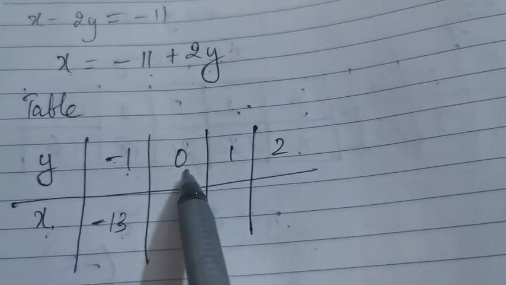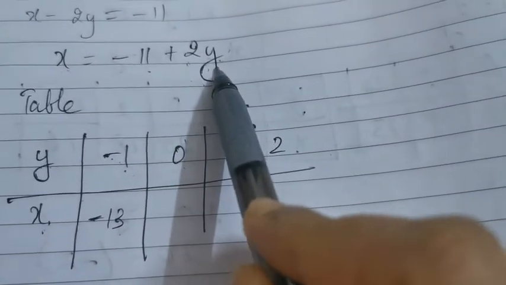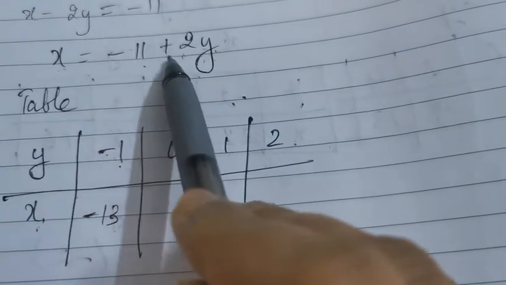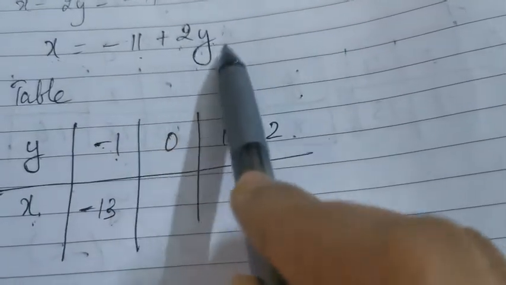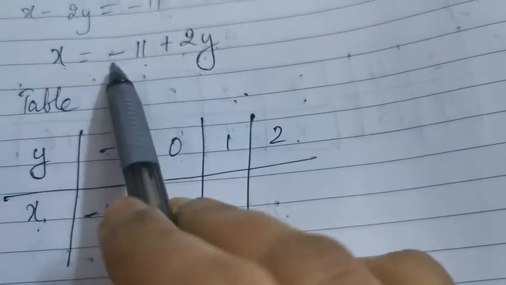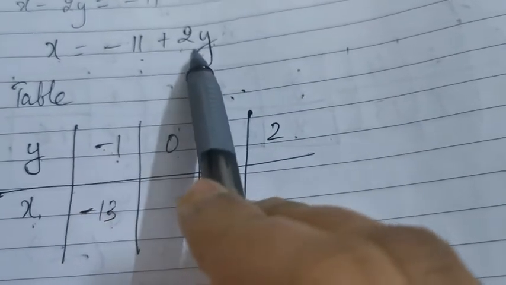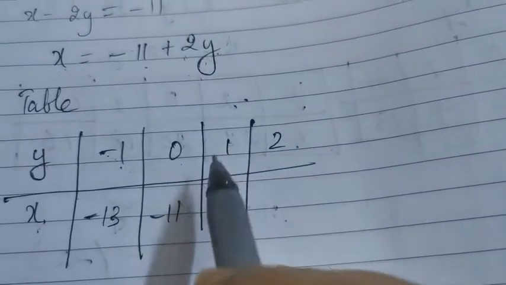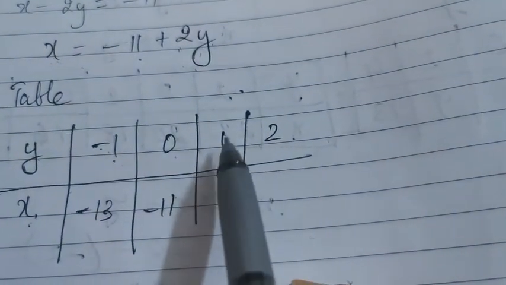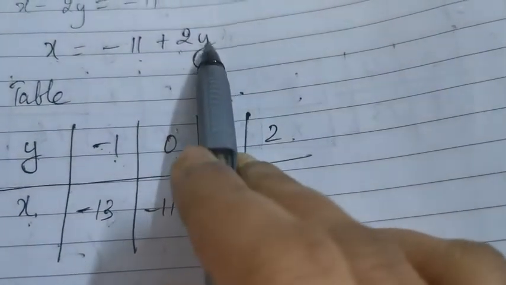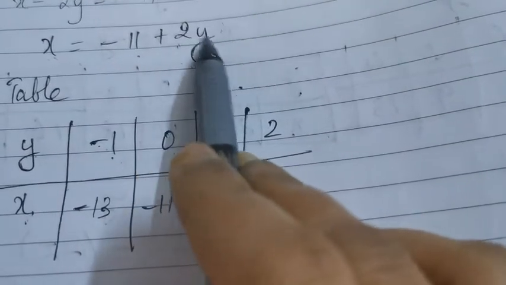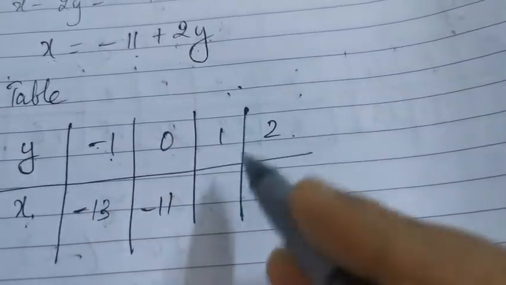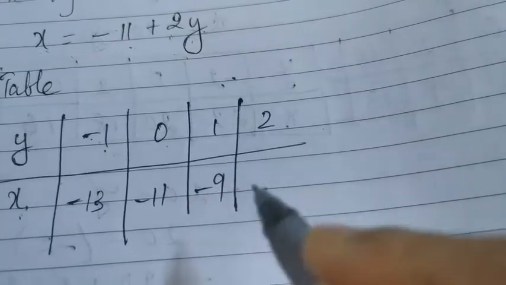Now again here I substitute the value of y as 0. So my x becomes minus 11 plus 2 into 0 which is 0. So the value of x is minus 11 plus 0 which is minus 11. Next, I have the value of y as 1. When I substitute 1 here, 2 into 1 becomes 2. Minus 11 plus 2 will give me minus 9.